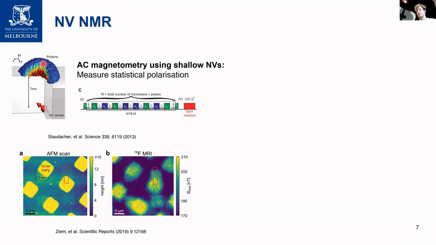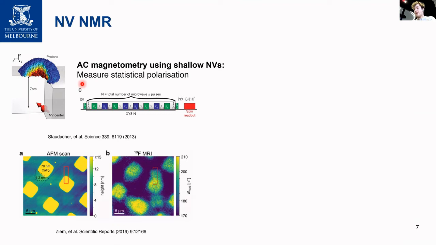In this regime, because you're measuring a very small volume, you're dominated by statistical polarization to begin with, and what you do is you measure this using an AC magnetometry sequence where you pulse your NV spin so as to lock in to a desired nuclear signal and decouple from everything else.